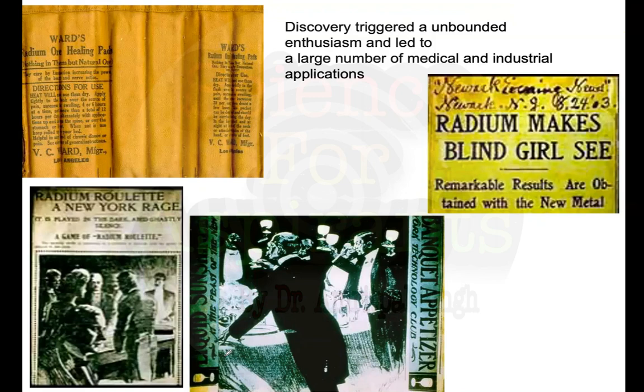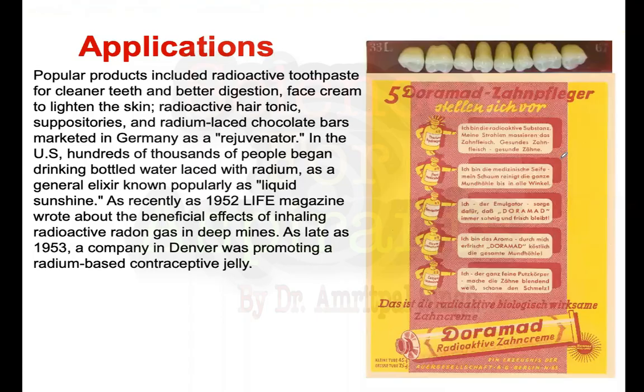Some people were surprised to learn the properties of substances like radium. Some papers were published claiming it could make a blind girl see. Some other quite unique popular products were designed based on these radioactive substances, like radioactive toothpaste.